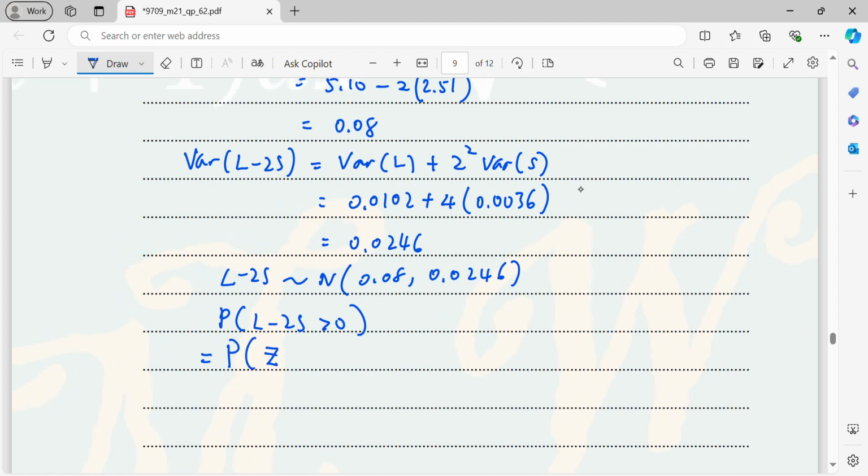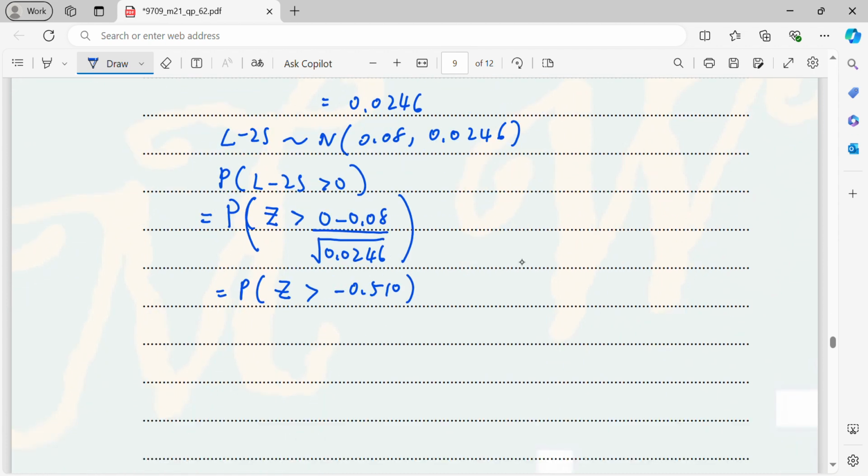This becomes Z greater than 0 minus 0.08 over the square root of 0.0246. This is your calculation. And then now here you are getting Z greater than a negative value. That will be negative 0.510. Now with this, we need to sketch a graph because of the negative value.